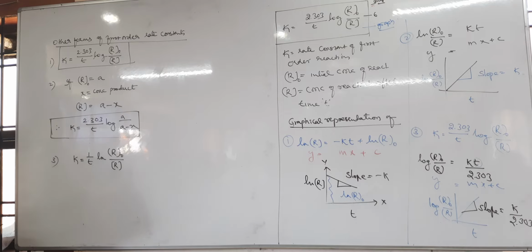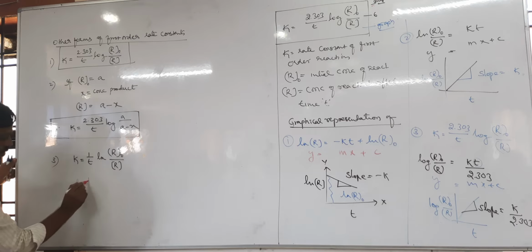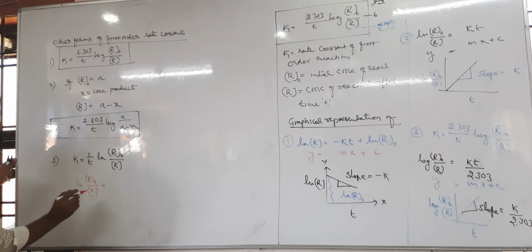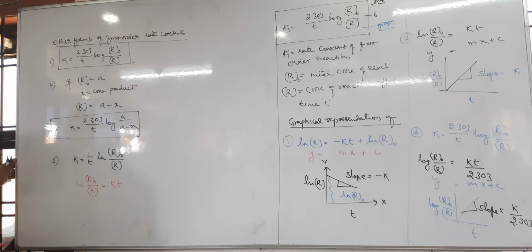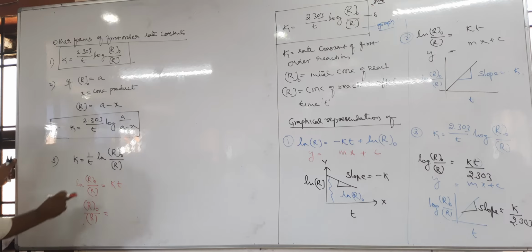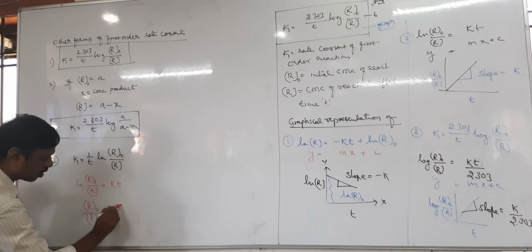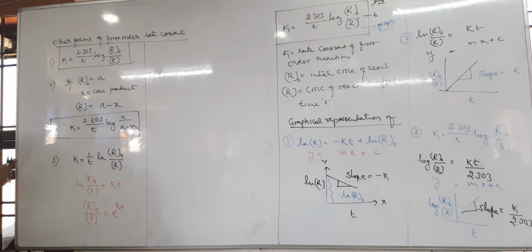Now let us simplify this equation. ln r naught by r equals k into t. But actually I want r naught by r only. So r naught by r becomes e power kt, e to the power kt.